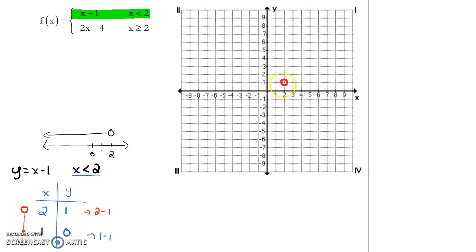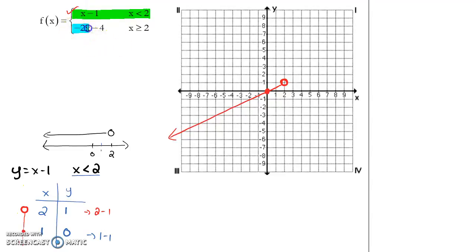Meaning, open circle at 2, 1, and I'm going to start on my line and draw through 1, 0 with an arrow. I will never go the other way, because this is left. It is only going to go left. I'm done with this.